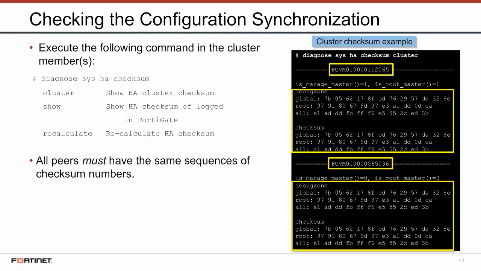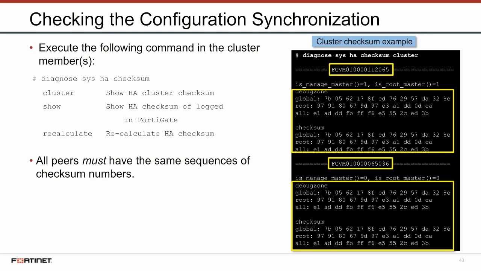Another indication of the health of an HA cluster is the status of the configuration synchronization. The diagnose sys HA checksum command tree provides many options that you can use to check or recalculate the HA checksum. To check that all the secondary configurations are synchronized with the primary configuration, execute the diagnose sys HA checksum cluster command to view the checksums of all cluster members from any FortiGate in a cluster.